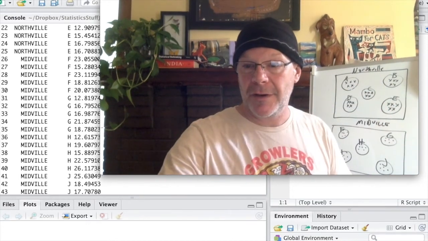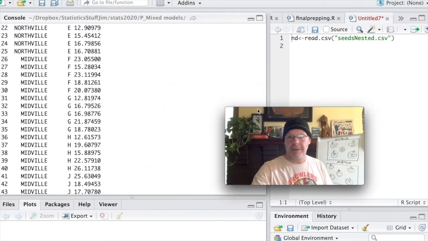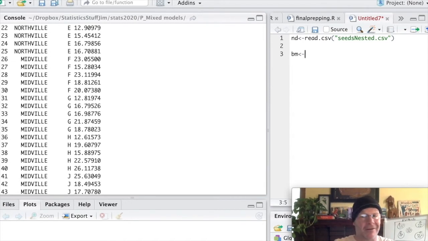So let's go ahead and make me small again. Make me disappear. Okay, and let's start with making a bad model, because why not? I'm going to call it BM for bad model. It's going to be a linear model where seed mass is some function of population, because again, what I want to know is whether or not there are differences among populations.